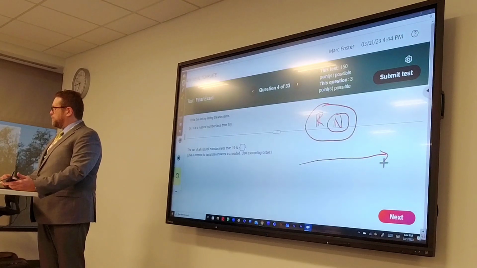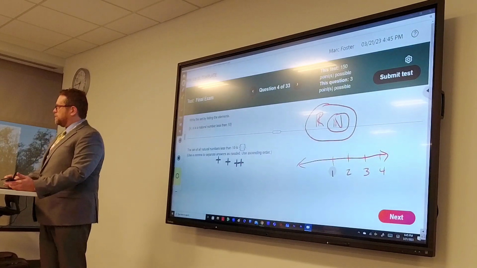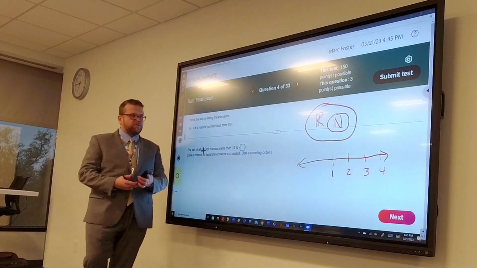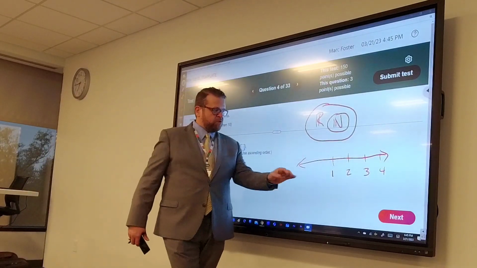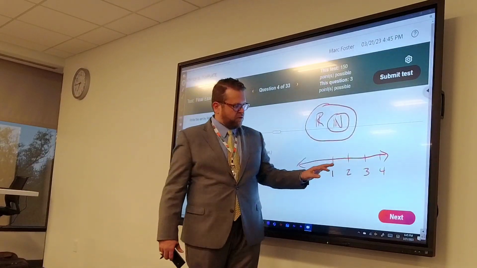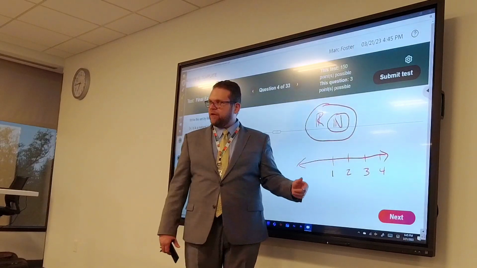If this is my number line that consists of all real numbers, then the natural numbers are sometimes also called the counting numbers. They call them natural because they're the ones that first seemed to exist before anything else.